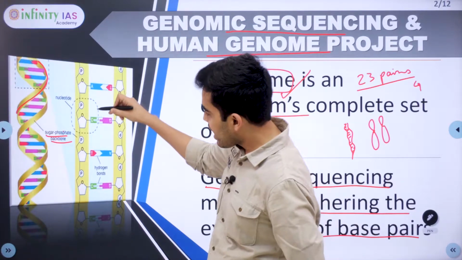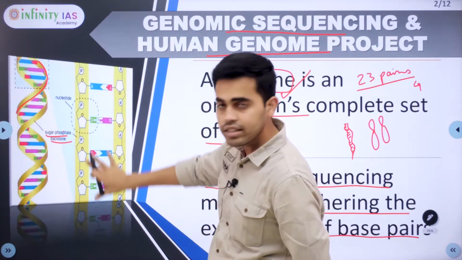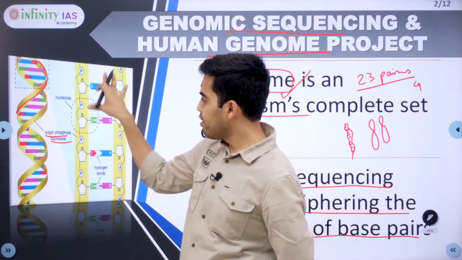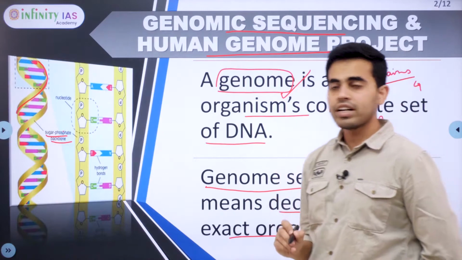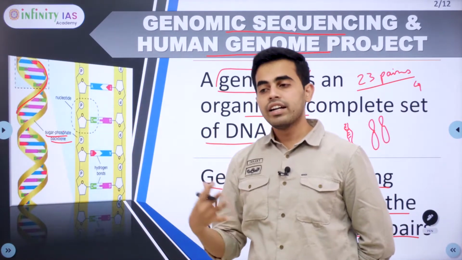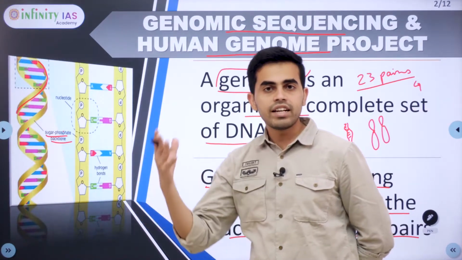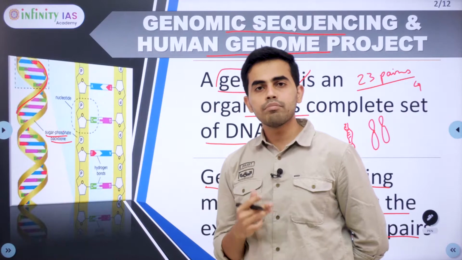The exact order in which the nitrogen base pairs are arranged in the DNA molecule, we will find out via genome sequencing. This is very important because the arrangement of the nitrogen base pairs determines the protein produced from the gene, or the function that particular gene performs.